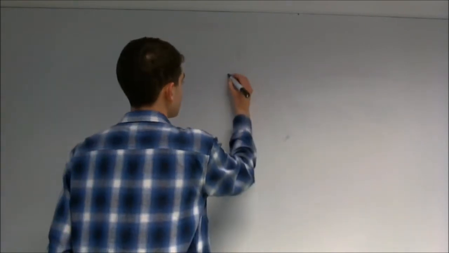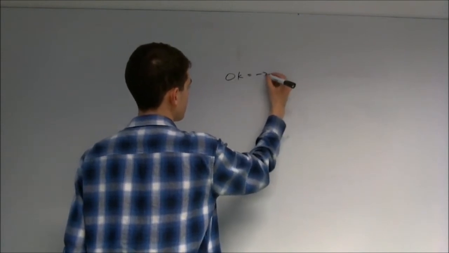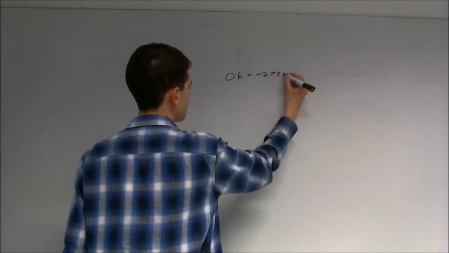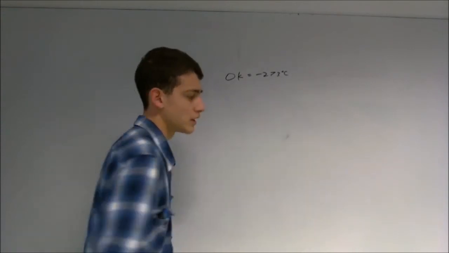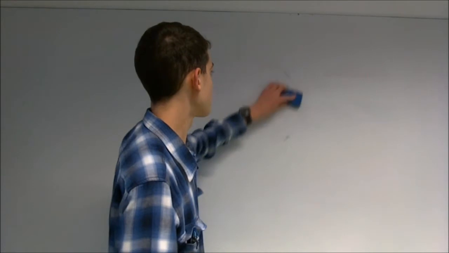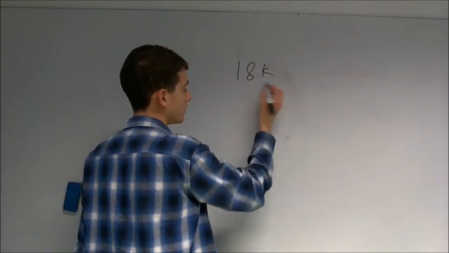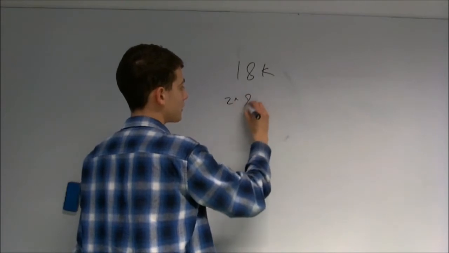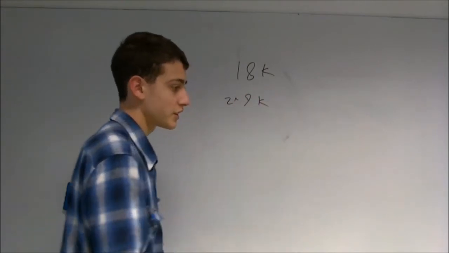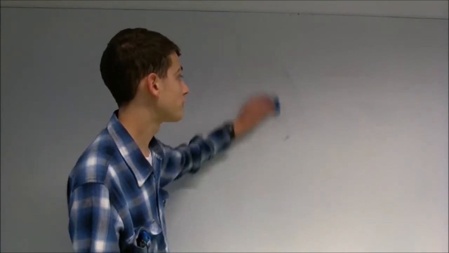The other thing is Kelvin is an absolute scale. 0 Kelvin is minus 273 degrees Celsius, and it is absolute 0. That means that when we say 18 Kelvin, we mean double 9 Kelvin, while in Celsius, 50 Celsius is not double 25 Celsius.